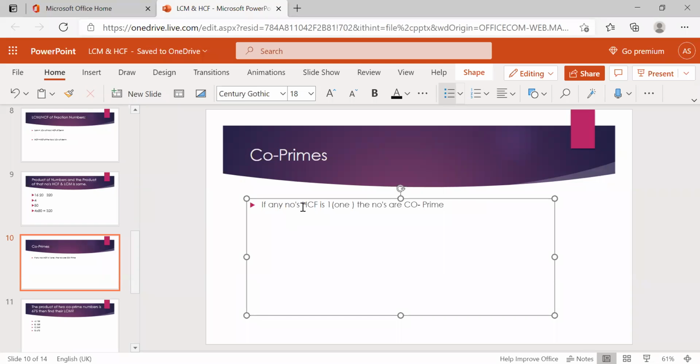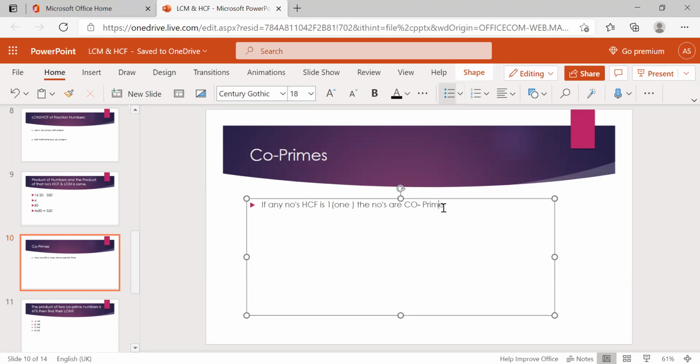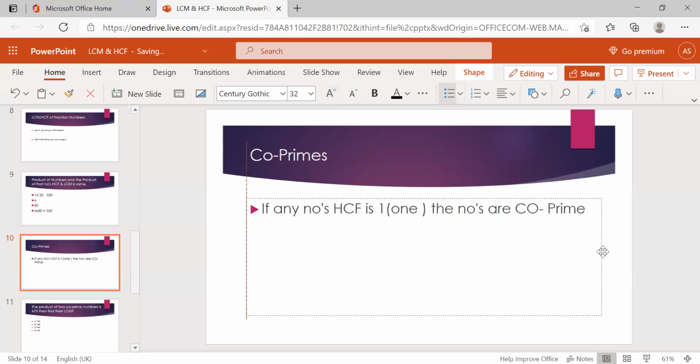Whatever the co-prime numbers are, their HCF should be 1. There is no other HCF for co-prime numbers. So always the HCF will be 1, and such numbers are called co-primes. This is a very, very important point. Better you pen it down. I'll increase the font size so you can see. These are the important points.